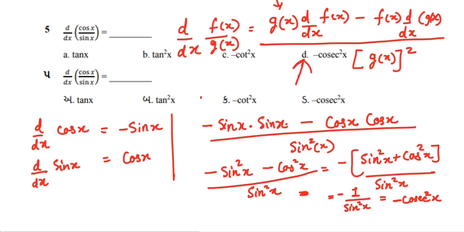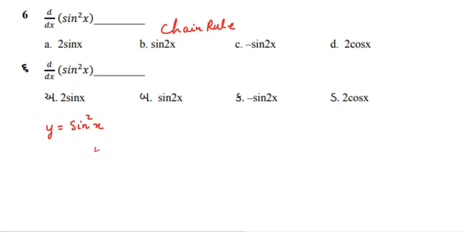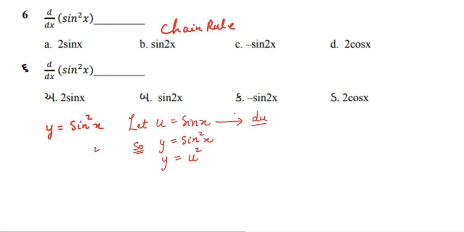y is equal to sin square x is given, so let me assume u is equal to sin x, then y is equal to u square. According to the chain rule, for this equation I can write du by dx is equal to cos x, and dy by du is equal to 2u.